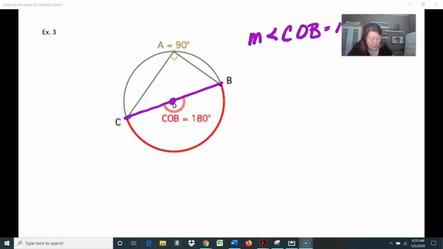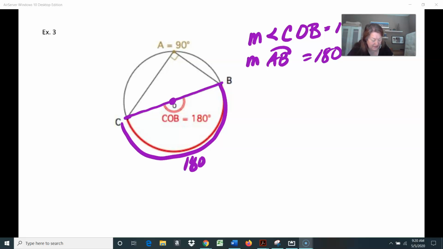So we know that the measure of the arc from A to B is also 180 degrees. This amount from here to here is 180 degrees. If I have an inscribed angle that goes to the same endpoints to make that same arc, that would be these two. They're going to end at C and B just like the arc did.